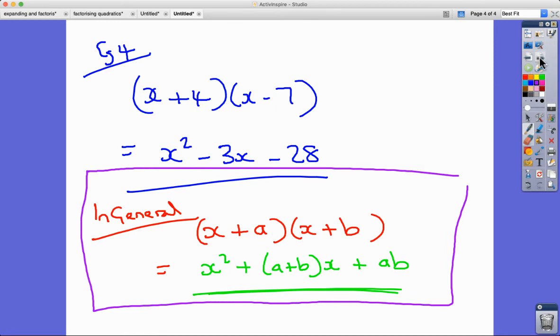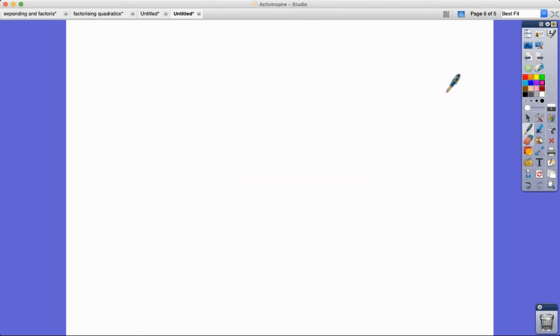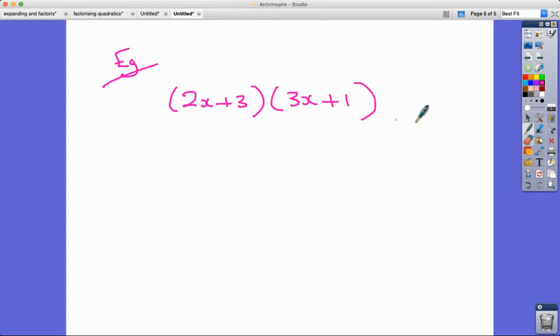But the only thing is, let's just make this clear, it doesn't work when we've got coefficients of x that are not 1. So for instance, 2x plus 3 multiplied by 3x plus 1. In this instance, we can't do it because look at what happens to the nose and mouth. We get 9x here and we get 2x. That's not the same as 3 plus 1.